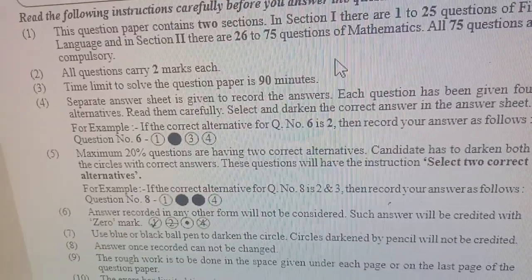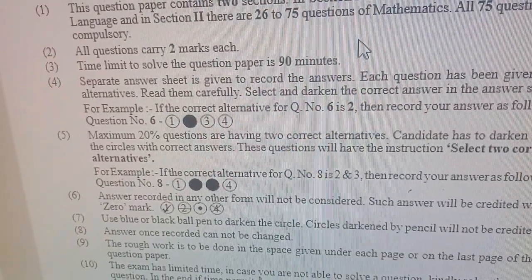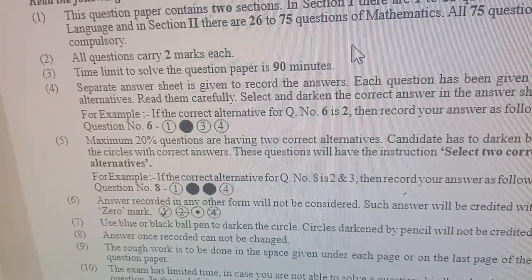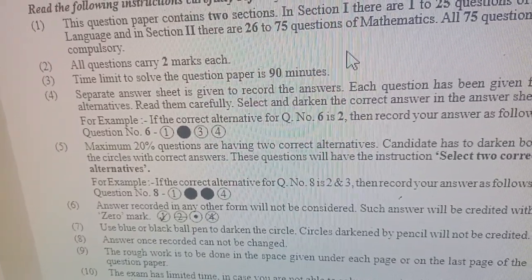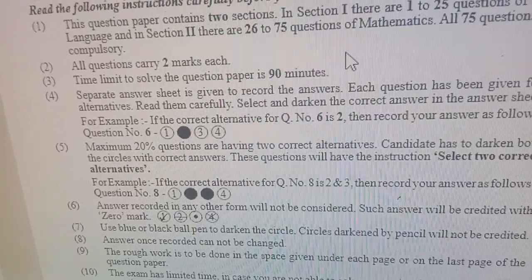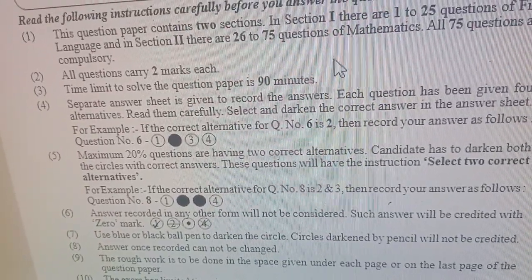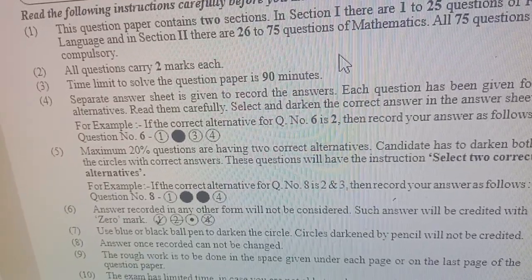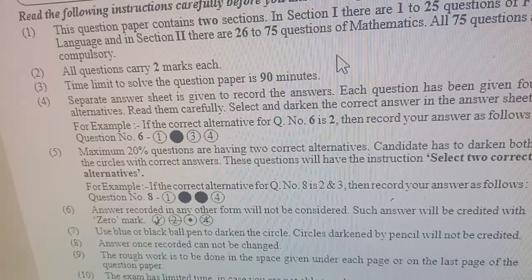Such an answer will be credited with 0 marks. Like this, if you give your answer in this position, it is called 0 marks. Use a blue or black pen to darken the circle. A circle darkened by pencil will not be credited. Only use a blue or black pen in this exam, do not use a pencil.